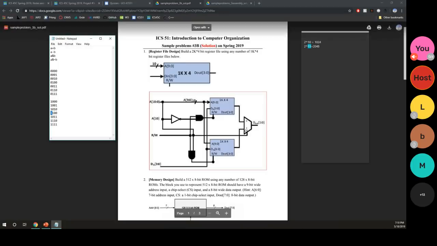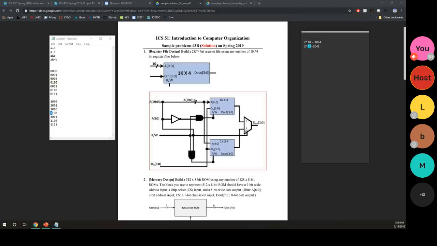Yeah, the most significant bit is A10. Yeah, exactly. We're alternating between the two individual ones. We're going to get to the read and write in a second. So it's A10 and not A11, the same reason that when you look at a 4-bit, it's 3 to 0 instead of 4 to 0.